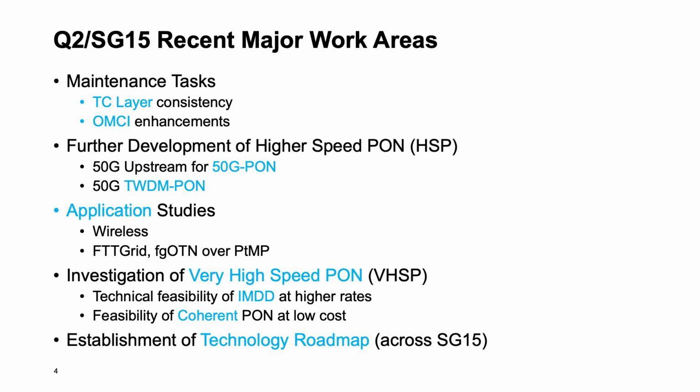We've been working on the higher speed PON systems, that's the 50G line rate, so 50G TDM PON, and also the TWDM PON. We've also been looking at new applications for PON beyond residential. Wireless is one of the major ones, but also some new things: fiber to the grid, and fine-grained OTN over point to multi-point. I'll introduce that in a minute.